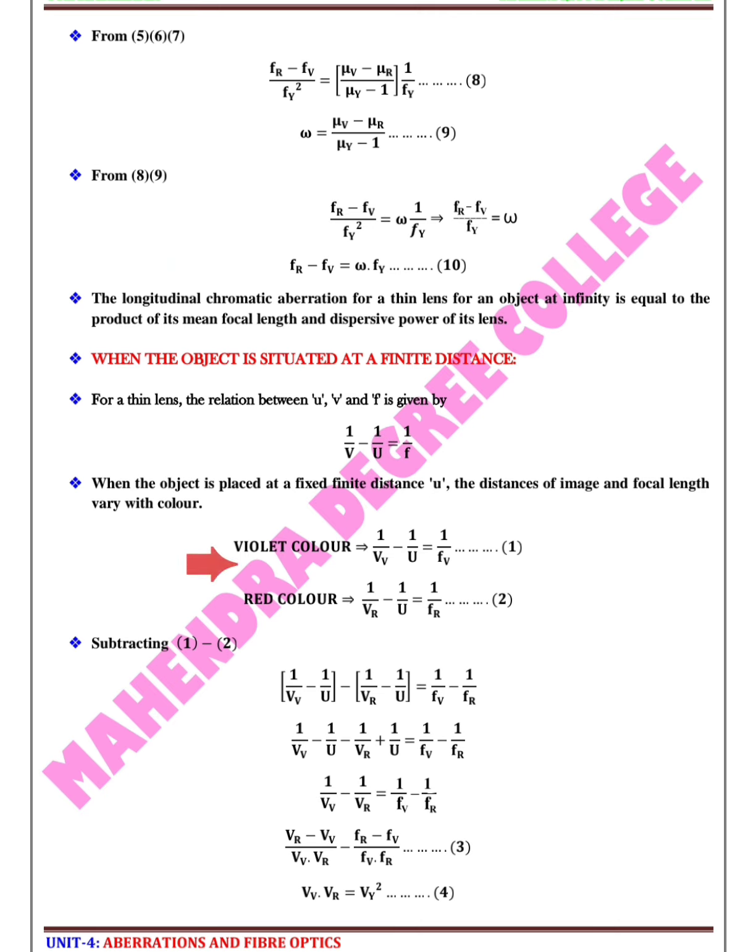For red light, 1 by Vr minus 1 by u equals 1 by Fr. This is the equation number 2. Since chromatic aberration is due to different wavelengths, meaning colors focusing at different points.